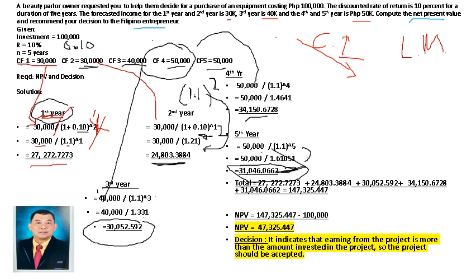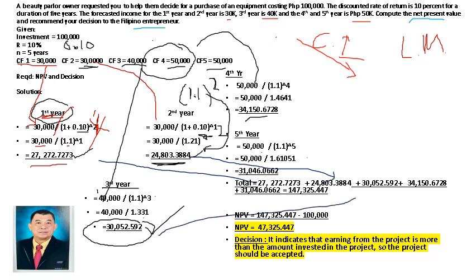Now, this is not yet finished. That's why it's called the long method. You have to add all of your discounted cash flows for every year. First year, this one. Second year, this one. Third year, this one.